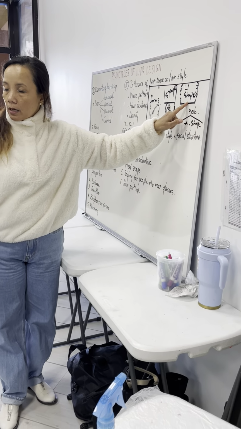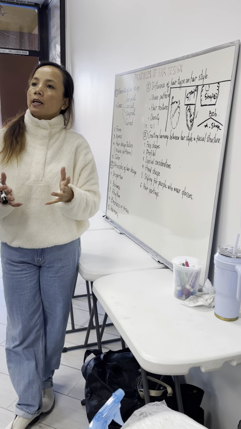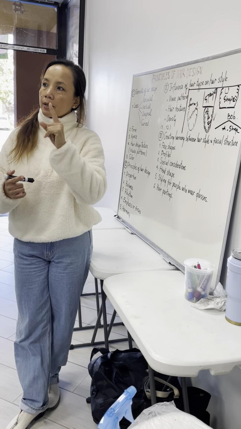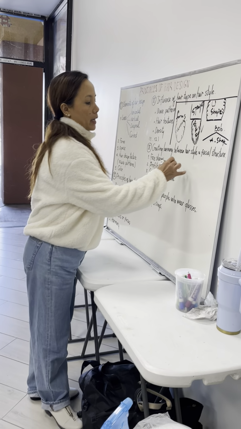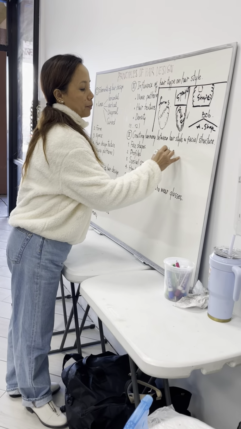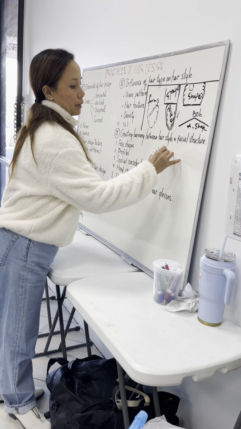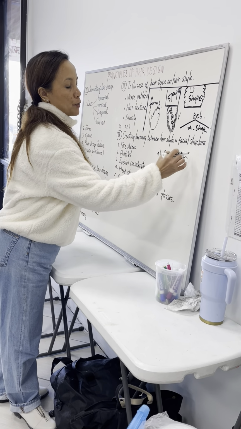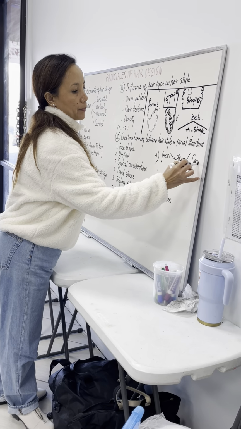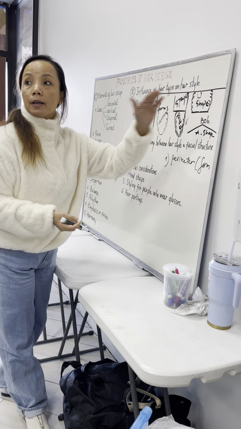Any type of haircut has to be combined. Number one, haircuts always have the perimeter. It means the form of the design, what form you want.